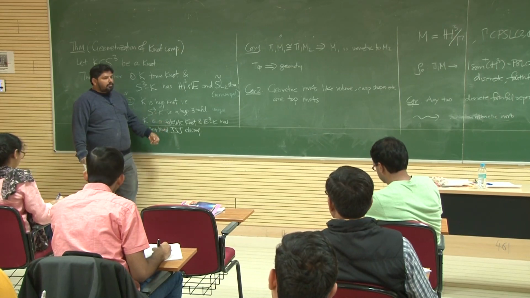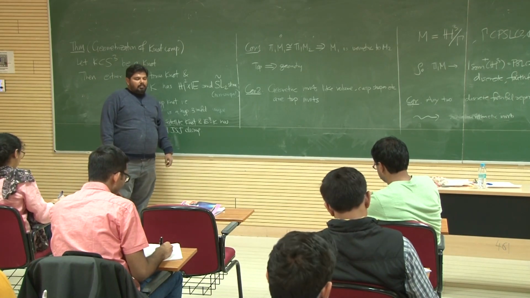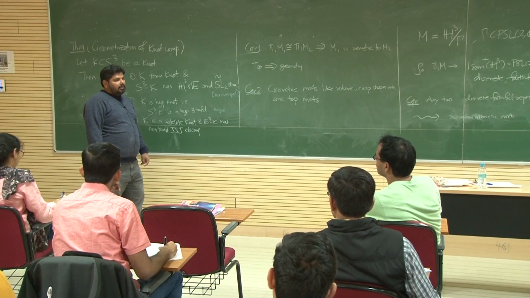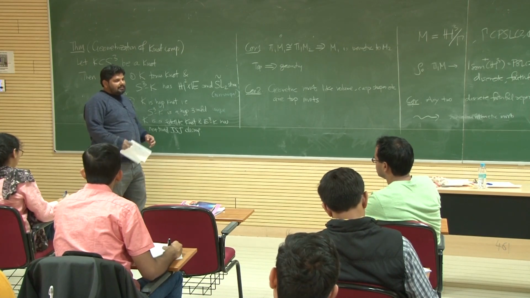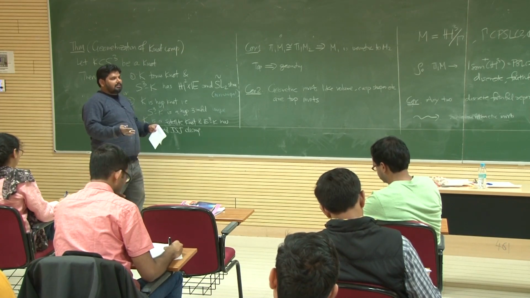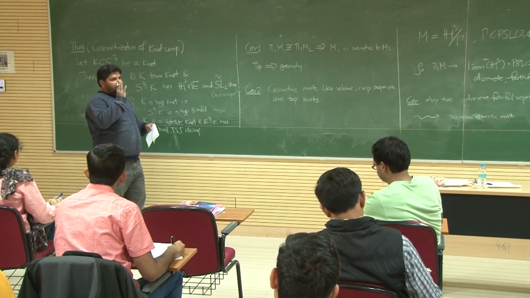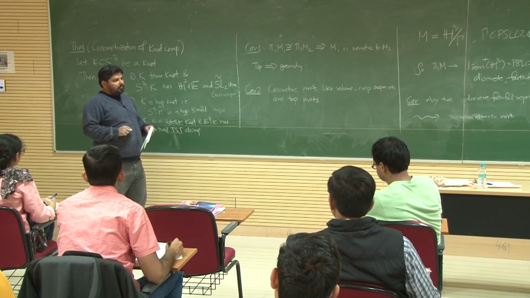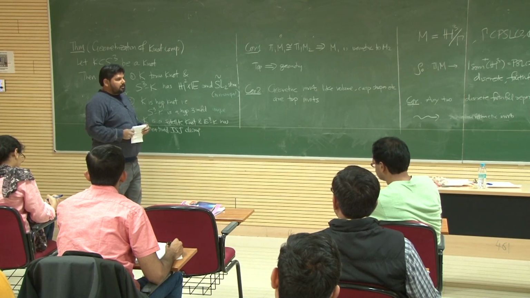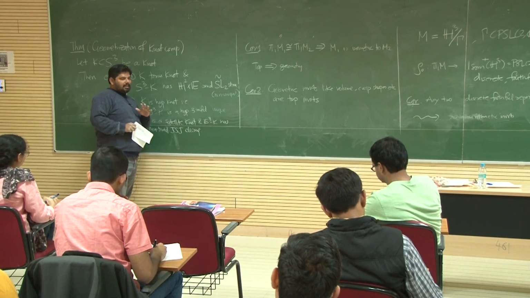Satellite knot, no. That will contradict the JSJ decomposition, because the JSJ is saying that you break into pieces which are either Seifert fibered or they are atoroidal. So the satellite has these tori which are exactly the JSJ tori.